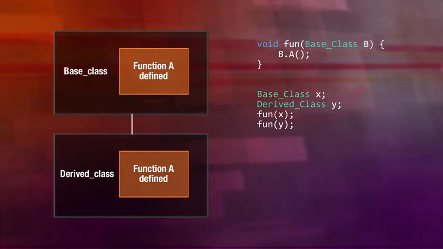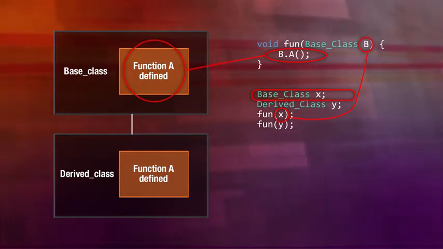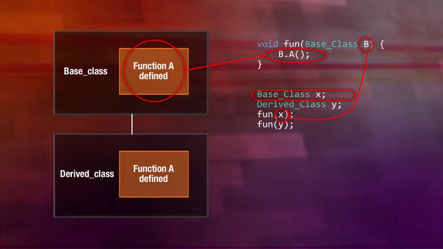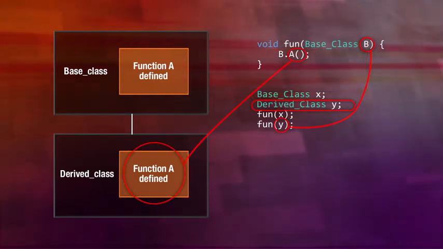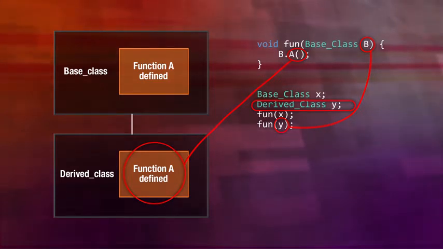When we call the function fun with an instance of base class, then it will call the function a that's defined in the base class. On the other hand, if we call fun with an instance of derived class, then it will call the function a that's defined in the derived class.